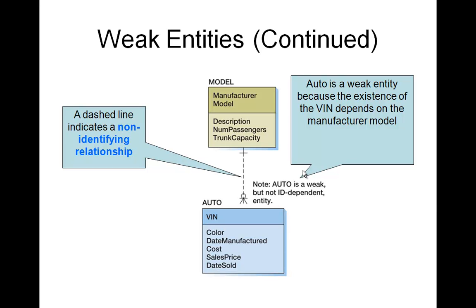We have the description of the car, the number of passengers, and then the information about number, color, date manufactured, cost, sales price, and date sold.